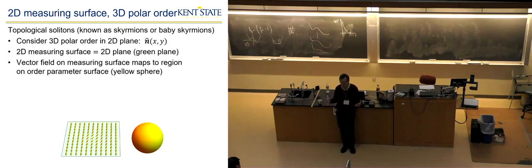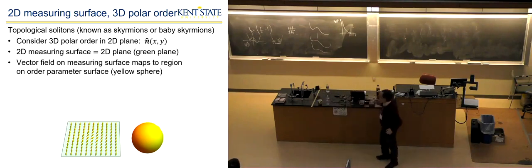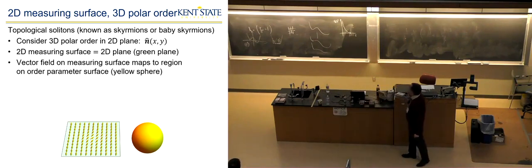But you remember, there's defects and then there's solitons. Defects are what you get if you have something that's enclosed by a measuring surface. Solitons are what you get if you have something that just lives on the measuring surface everywhere. You can also get solitons that are characterized by how you cover all the possibilities of the vector.